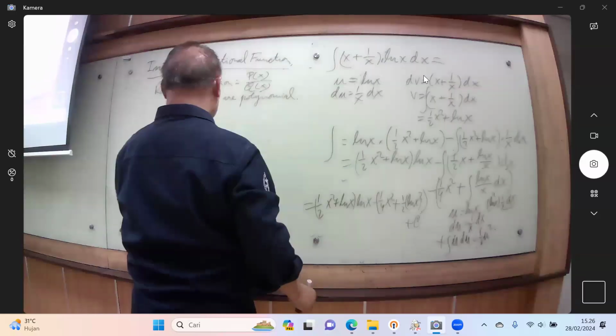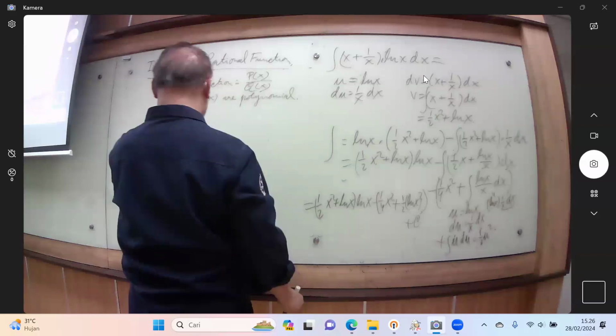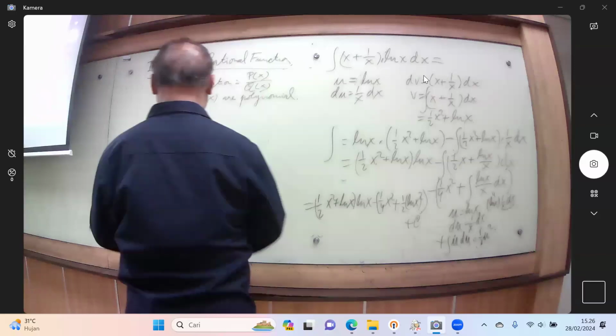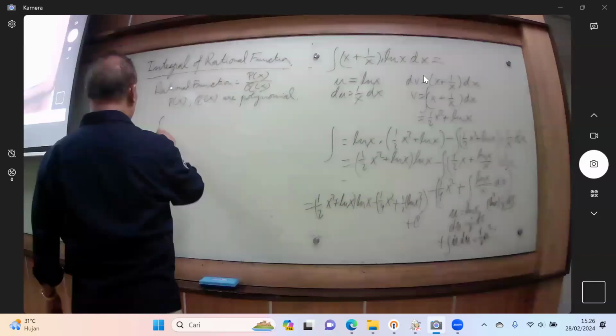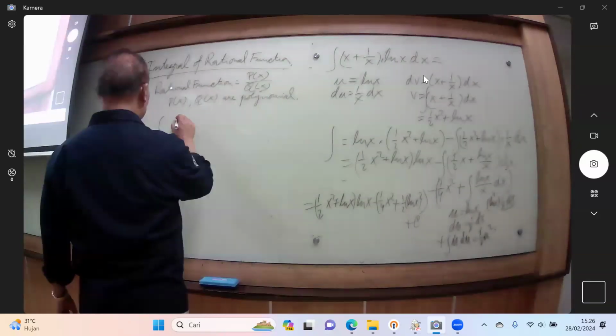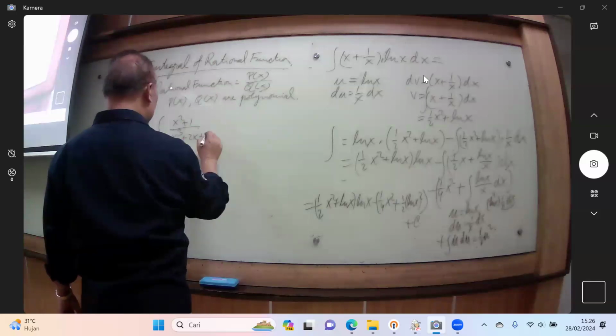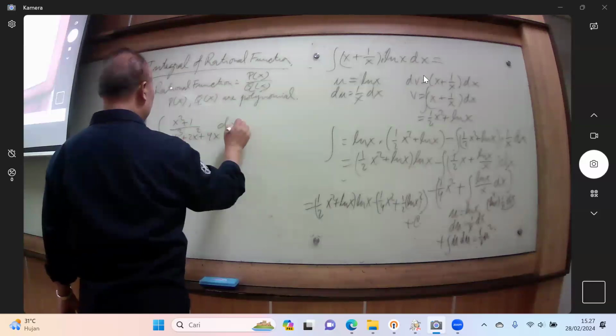Now, before we go to the integral of rational functions, for example, we have the integral of, let's say, x squared plus 1 divided by x to the power of 3 plus 2x plus, let's say, 4 dx. So both are polynomials.